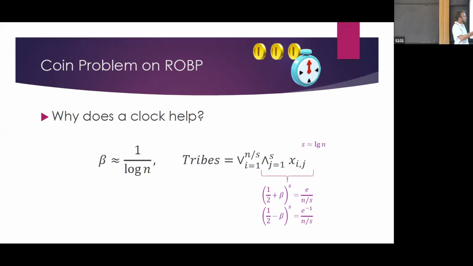So for example, if my bias is something like 1 over log n, and I take the size of the tribes to be something like log n, then each tribe is going to be 1 with probability that is roughly e over the number of tribes if the bias is in that direction, or 1 over e over the number of tribes if the bias is in the other direction. So when I take the OR of all of the tribes, in expectation, I would see either e or 1 over e tribes that are 1, which would give me a constant separation between the probabilities of having 1 in this case and 1 in this case.